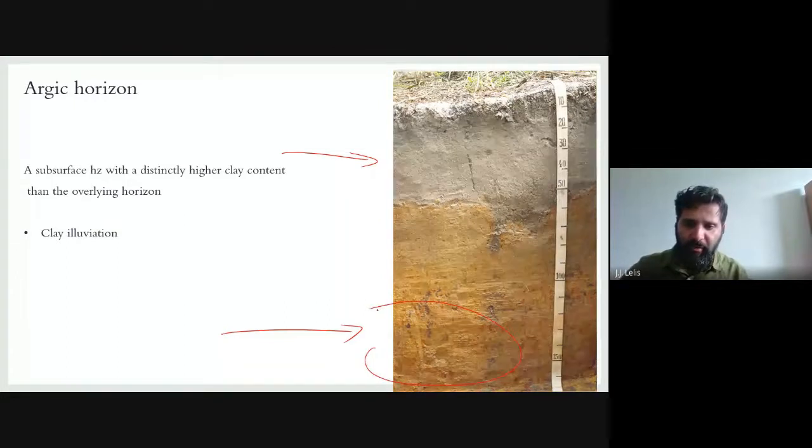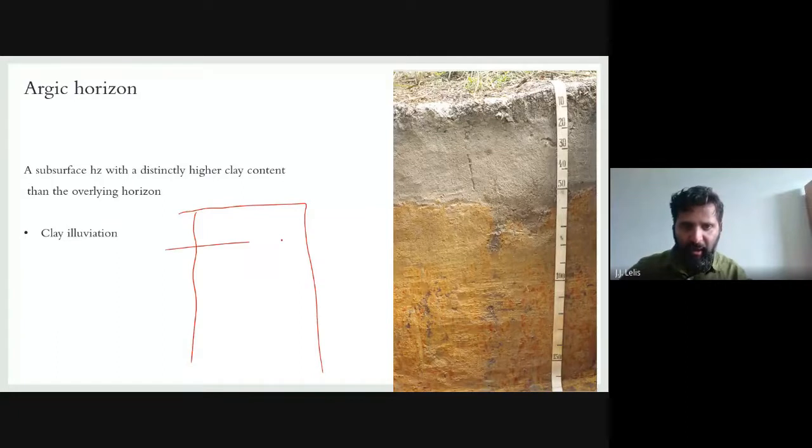generally concentrates clay in the B horizon, because if you think in this way, we have the A horizon, we have the B horizon, and below we have the C or even the R layer. So we have rock.